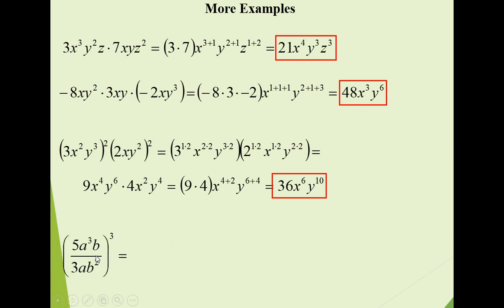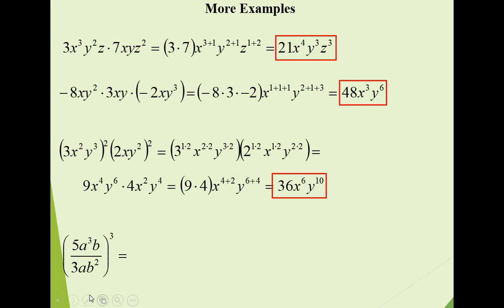Let's look at our final example here. Here we have 5, a to the third, b to the first, all divided by 3a, b squared, all to the third power. So again, we're going to take the power and distribute it to all the powers inside of the bracket.